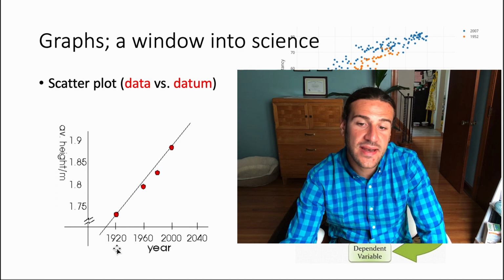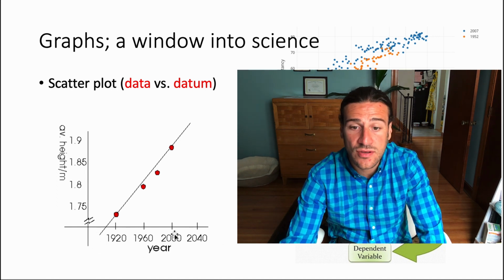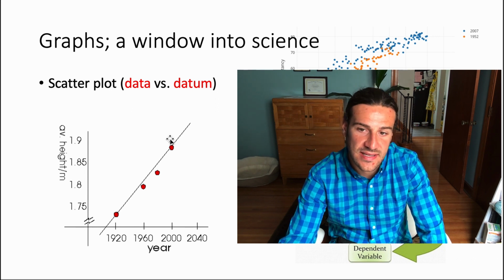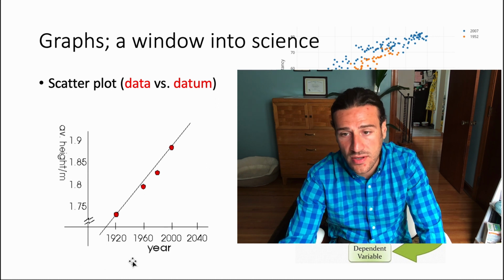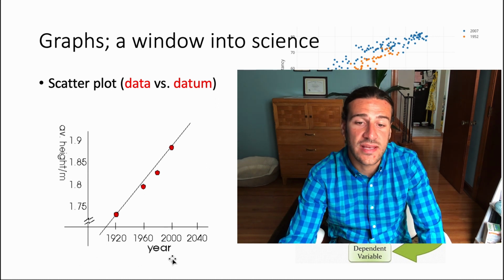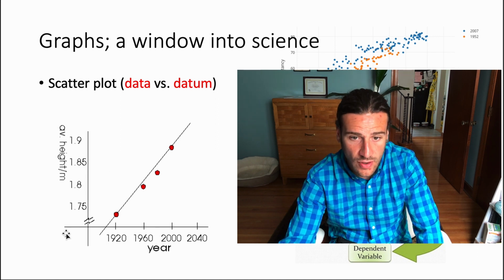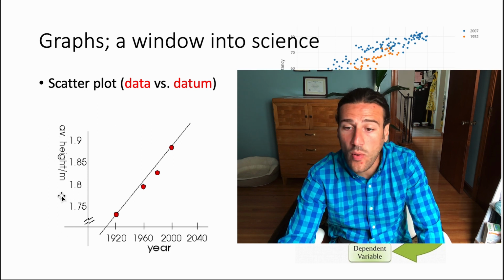The independent variable here is time. Time continues regardless of how this plant is growing, right? So a really good example of an independent variable is time. Now the dependent variable is on the y-axis, and the y-axis is always going to have the dependent variable.